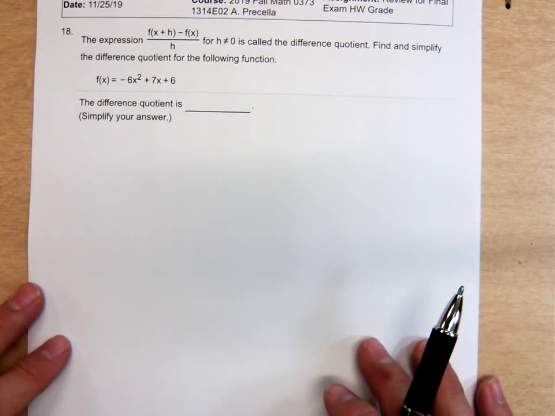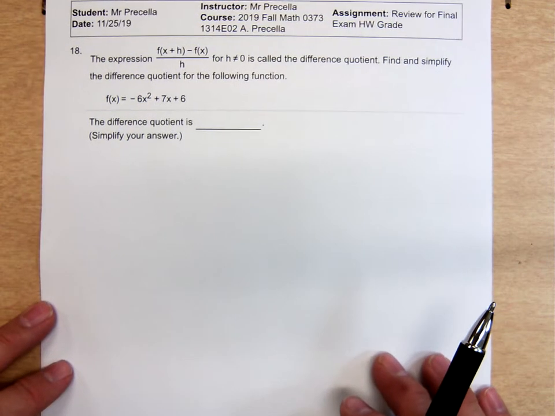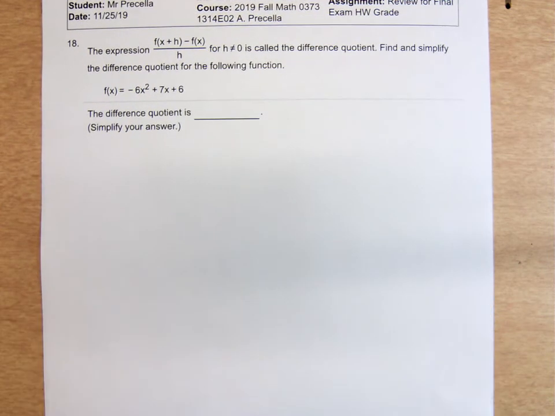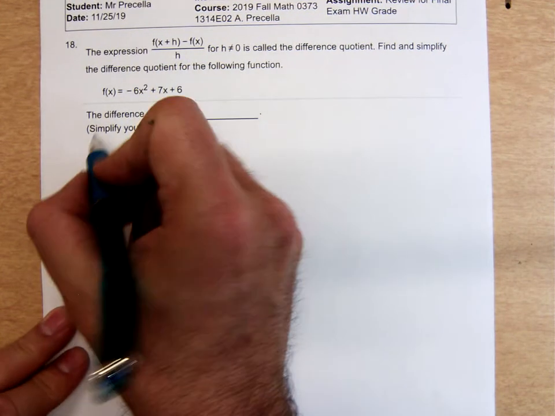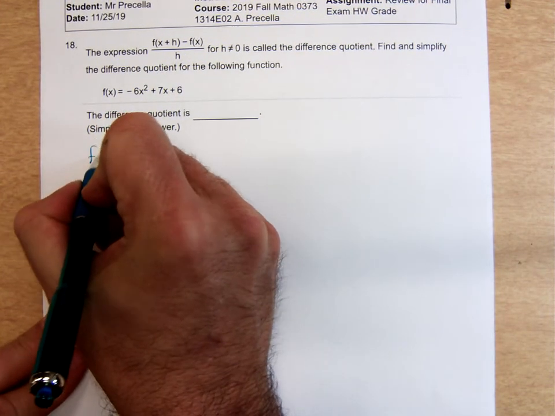Let's see. Oh, one of those difference quotients. It's the f of x plus h minus f of x all over h. There's a 3-step process that we had for finding the difference quotient. I think I'm going to color code how I'm going to go about it. I'll first find f of x plus h, and I'm going to do that in blue.